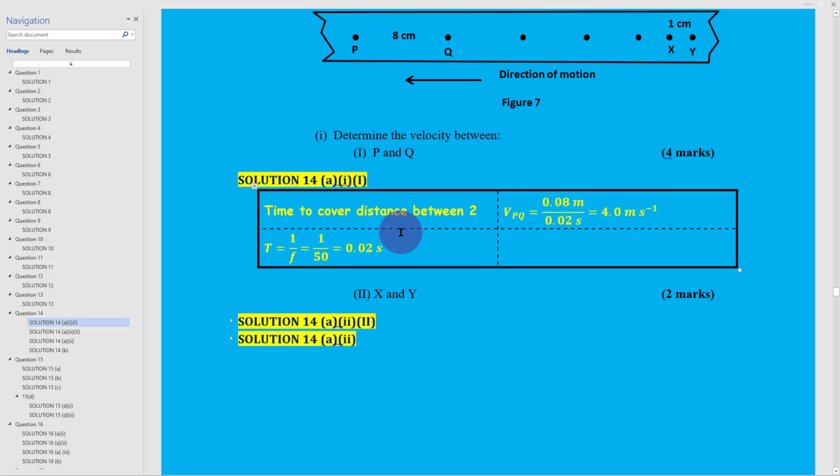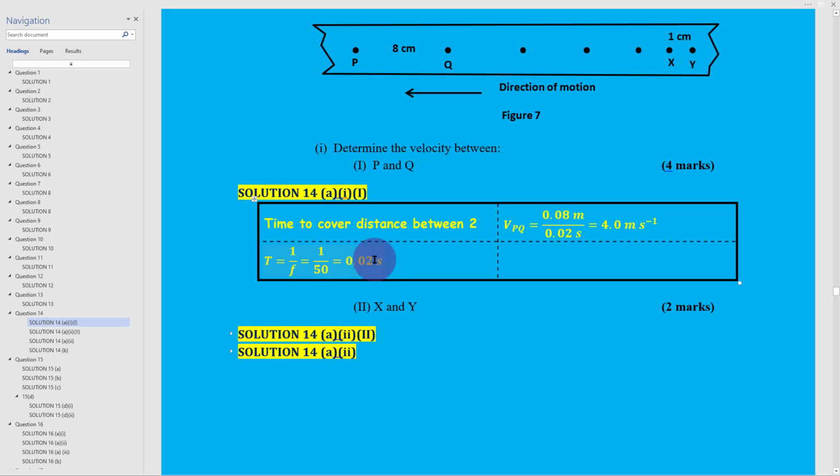Like I've explained, this is the time taken for the object to cover a distance equal to the distance between any two dots. So the speed PQ is going to be equal to that distance, which is 0.08 meters divided by 0.02, and I get 4 meters per second.